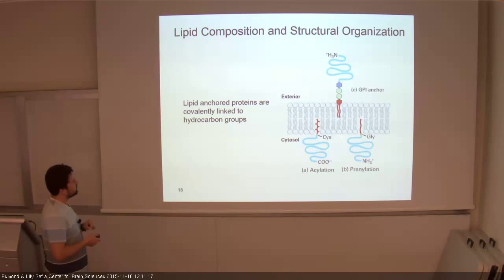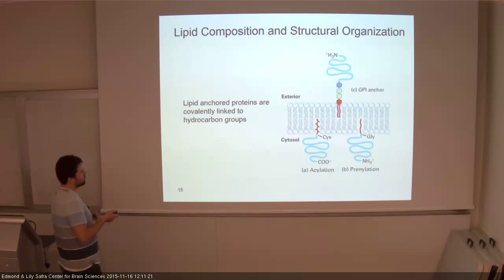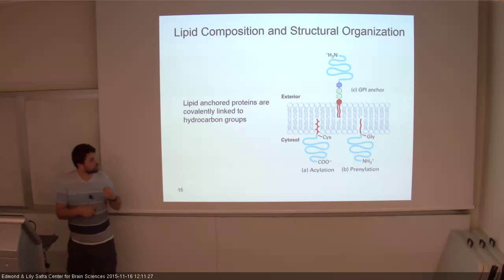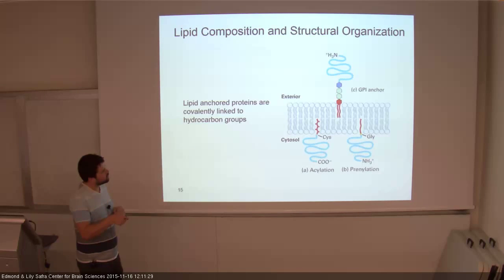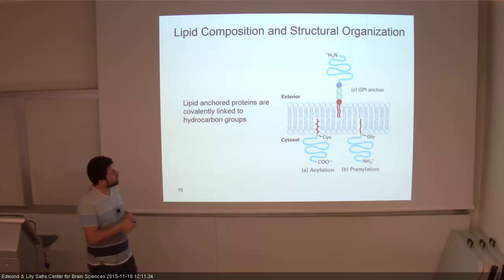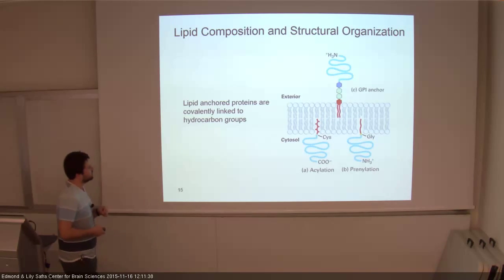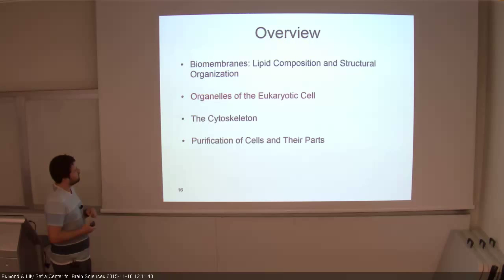So you can have these kinds of connections, and you can also have different kinds of connections, which is through a special kind of anchor, which is a sugar bound to hydrocarbon tails over here, which is called the GPI anchor.